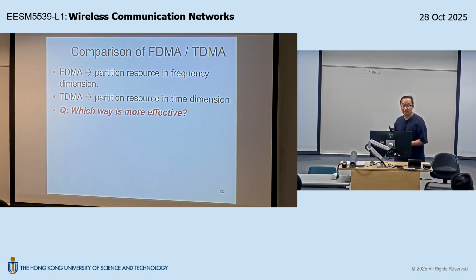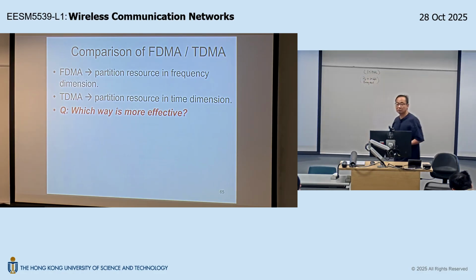Now, for fair comparison, we are comparing 2 ways of partitioning the resource, FDMA or TDMA, and which way will result in more channels. But for fair comparison, we have to have some quality of service requirements on the channel. So the constraint is, let's say we want the bit rate per user to be 25 kilobit per second, and we are using binary modulation.